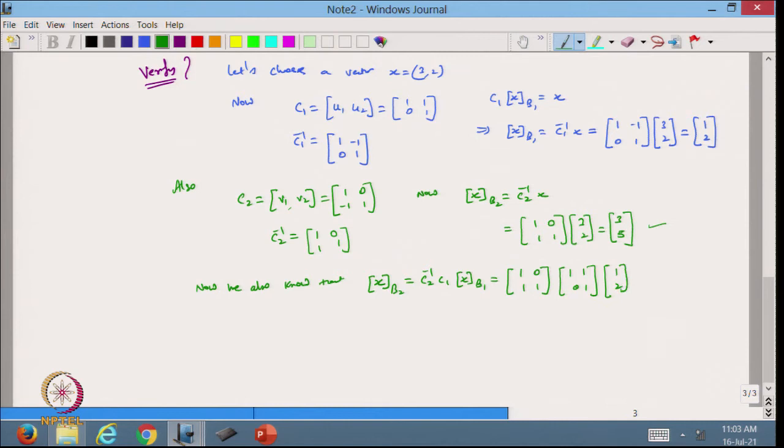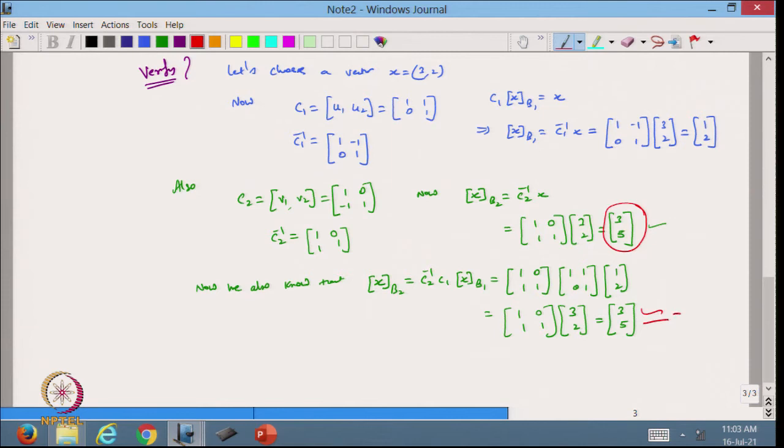So, let us see what is going to happen. Now, from here I can write 1 0 1 1 and this one I multiply here. So, it is 1 plus 2, 3, and this is 2, and now it is multiplied here. So, it is 3 and then it is 5. From here also we have confirmed that this is my 3 5 and this is also coming 3 5.